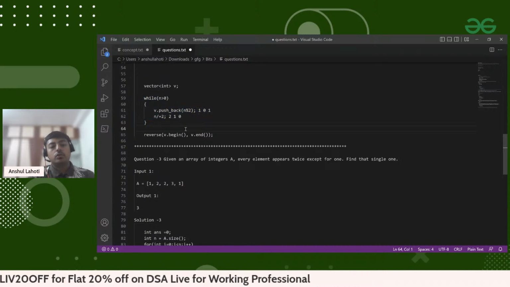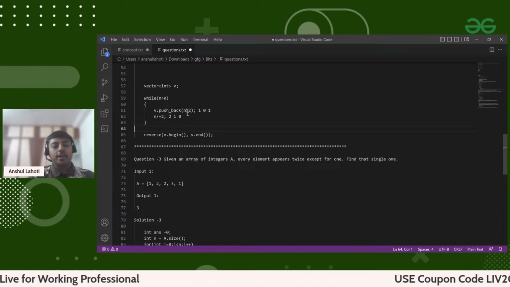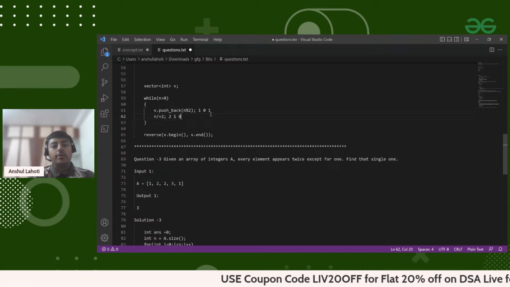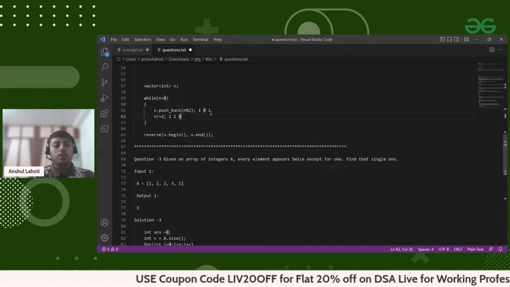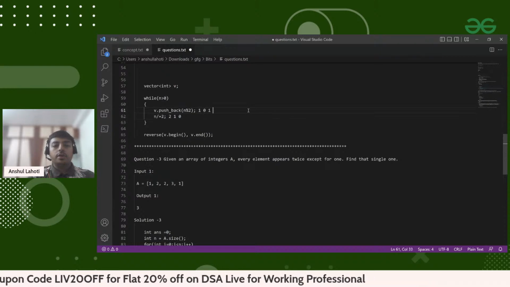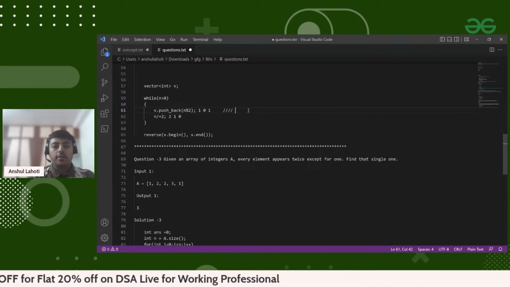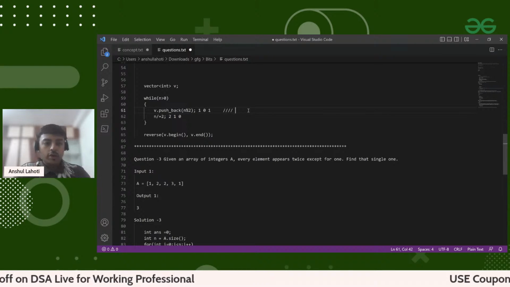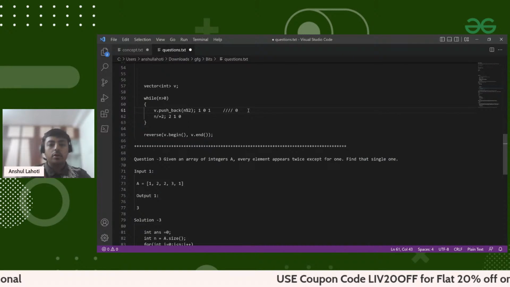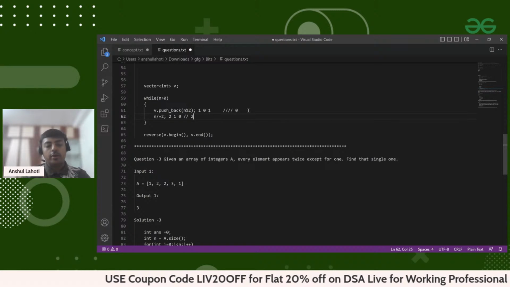Here you will not see the difference, but if we take another example, let's say the value of n is 4. So 4 is greater than 0. We will go here. 4 mod 2 will be 0. We have pushed 0 into the array, and 4 divided by 2 is 2.